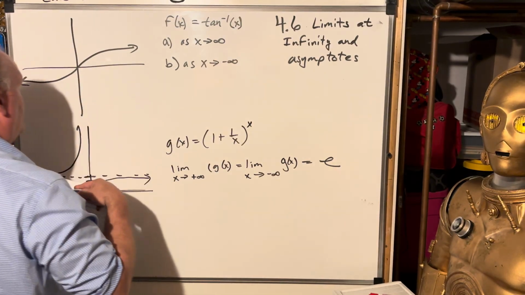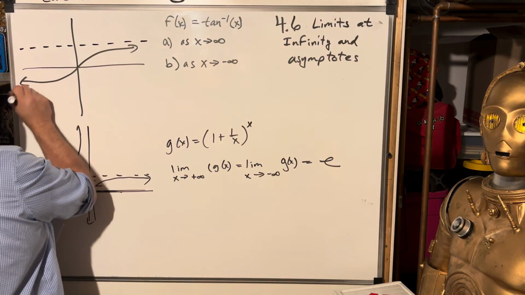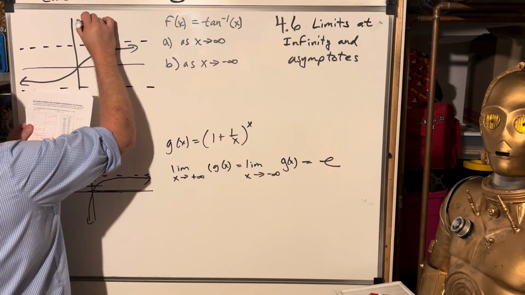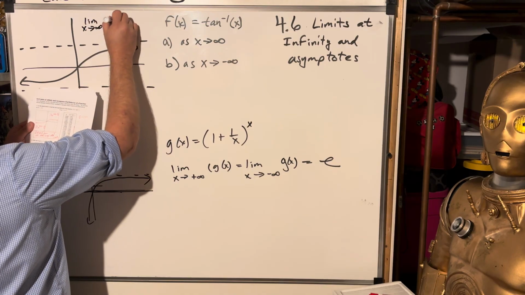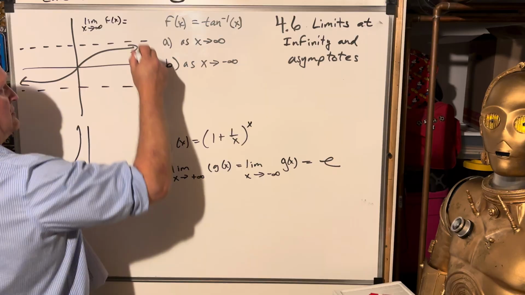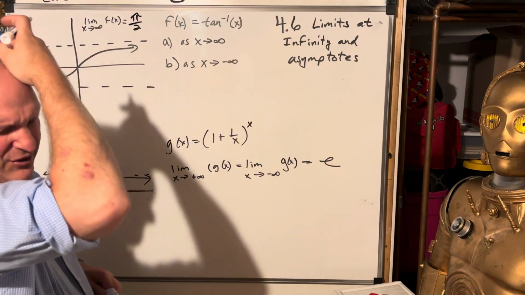So there is an asymptote right there, and there is an asymptote right here. The limit as x approaches infinity of f of x is actually equal to pi over 2. The reason I know it's pi over 2, it's 90 degrees.